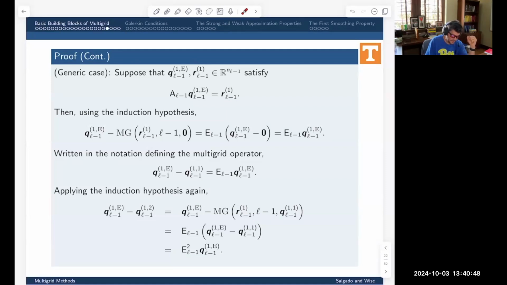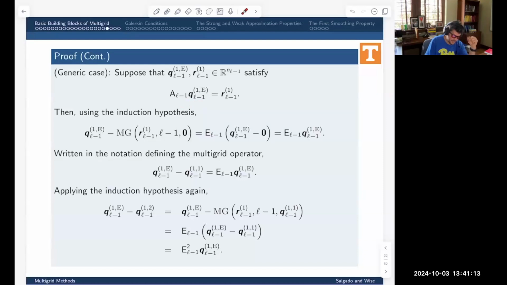Now, using the induction hypothesis, if we're trying to solve this problem here, then the induction hypothesis tells us if we put in an initial guess of 0, trying to solve this problem here, initial guess of 0 for this true coarse grid correction, right?